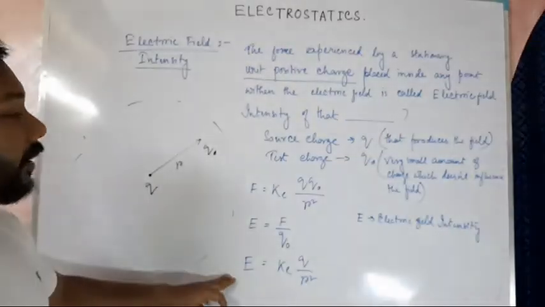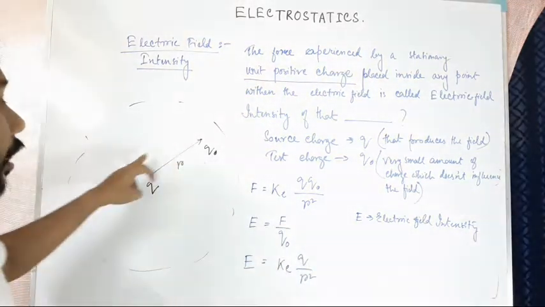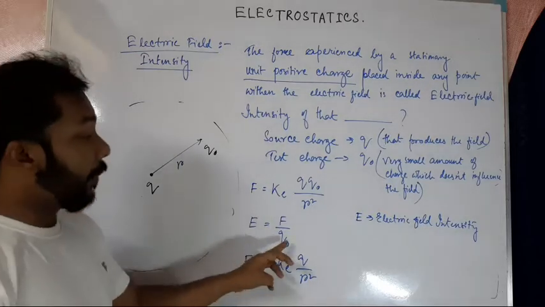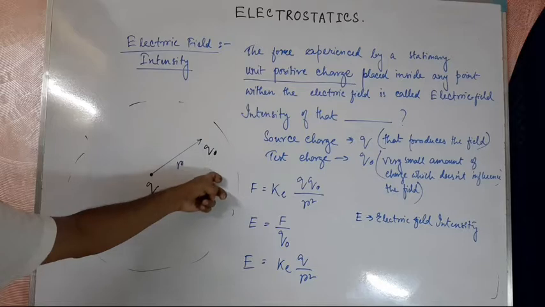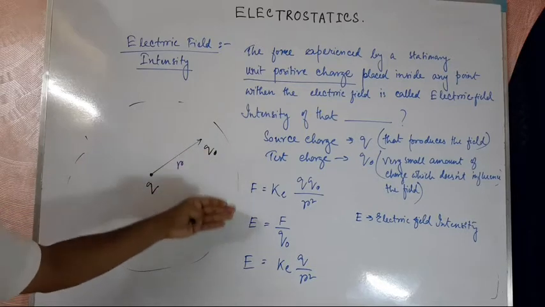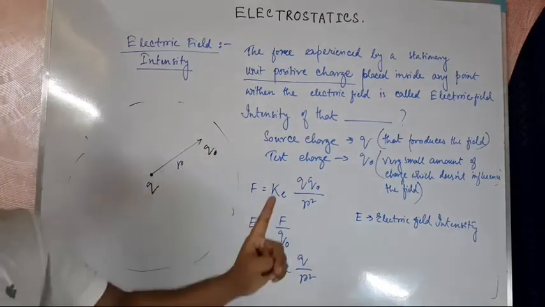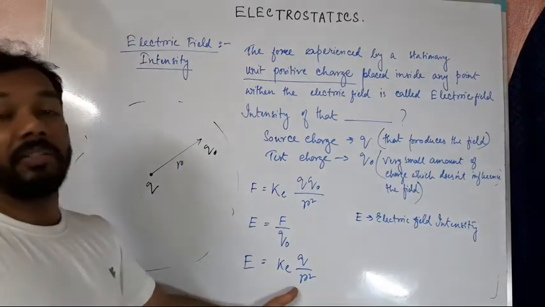So the electric field doesn't belong to the source charge because it is independent of the source charge. We cannot change the source charge for a particular field. It is independent of Q naught, that means it is independent of the test charge too. It does not depend on the test charge. We have cancelled the dependence on the test charge by putting it as unity. So it only depends on the position vector.